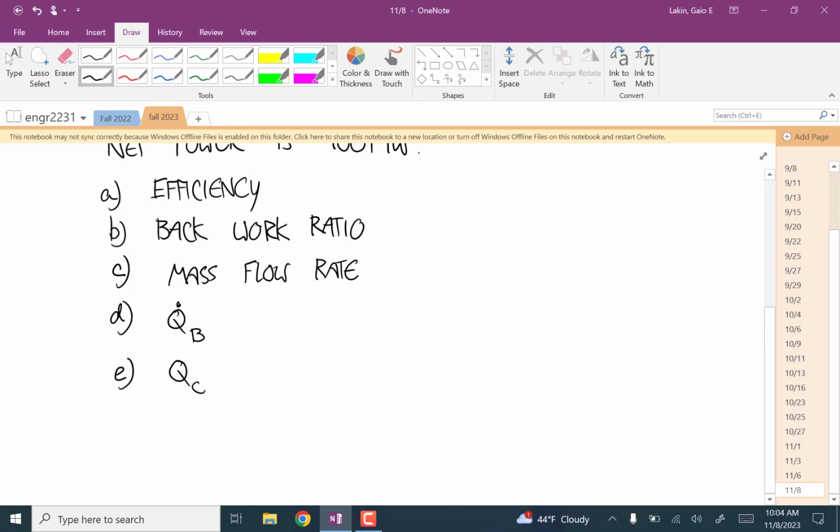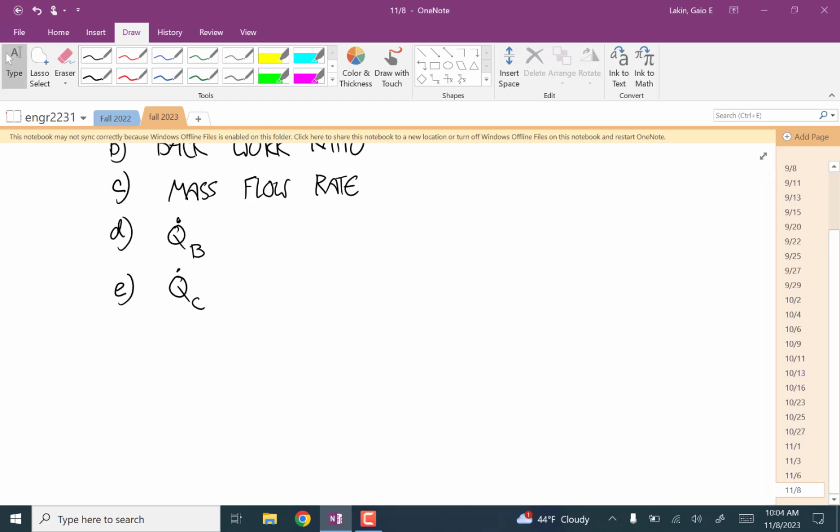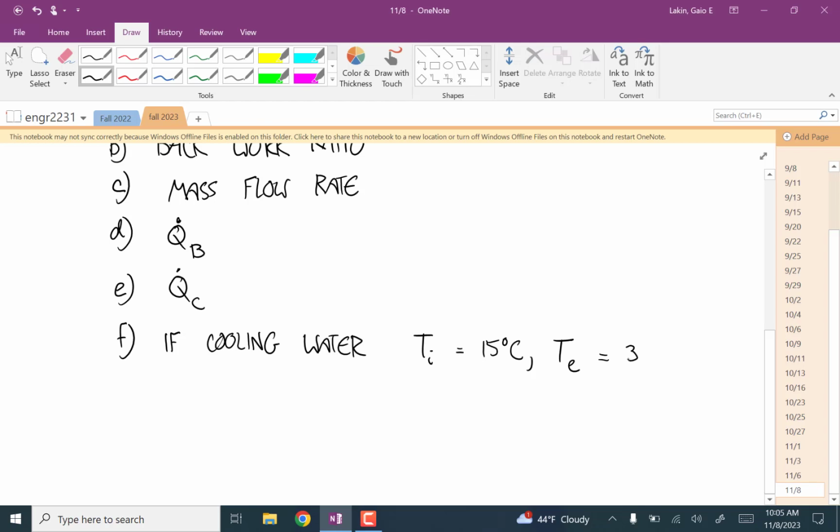E, the rate of heat leaving the system at the condenser. And F, if the cooling water inlet temperature is 15 degrees Celsius and the exit temperature is 35 degrees Celsius, what's the mass flow rate of the cooling water?